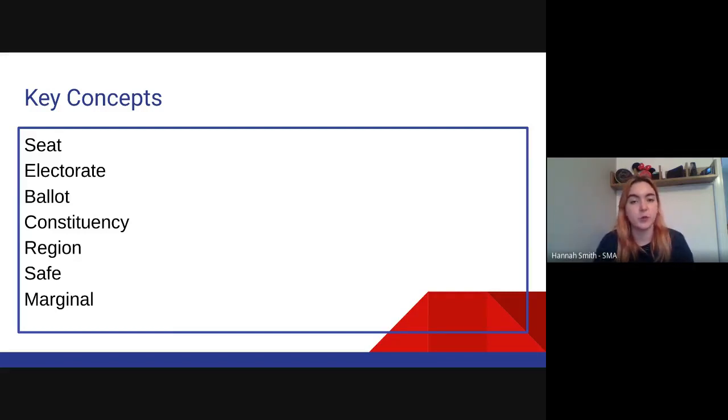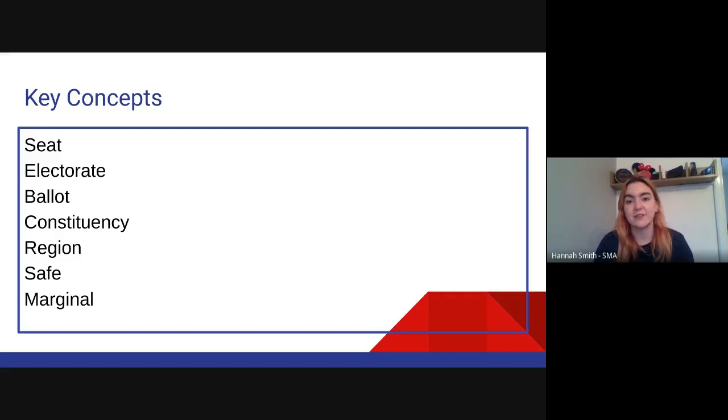In the context of what we're talking about today, a region is a group of constituencies together. Regions are going to come into AMS only, and it's looking at Scottish elections only for the purposes of what we're doing. So I've said we have Aberdeen Central. That is a constituency. A region, however, would be the whole northeast of Scotland. Now, within that, there's going to be loads of different constituencies.